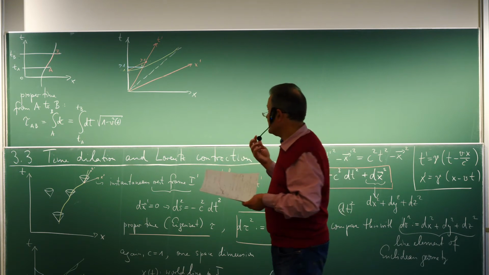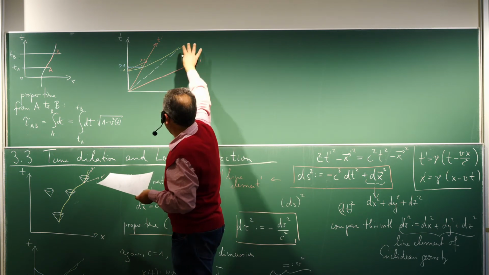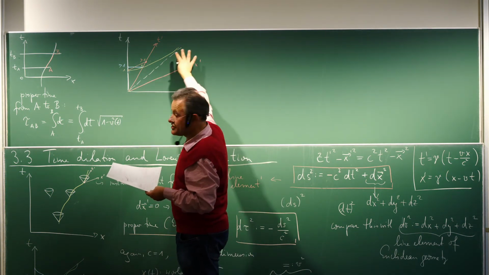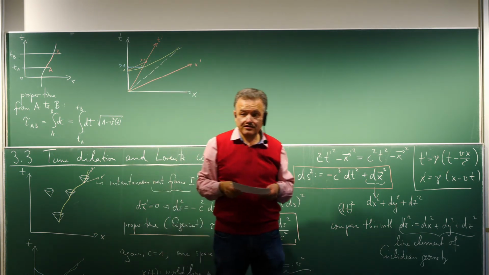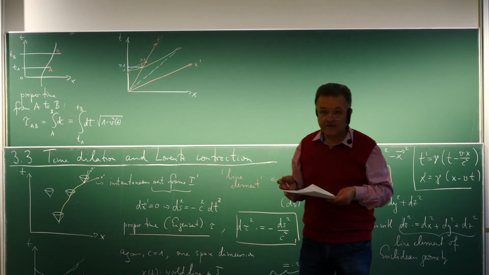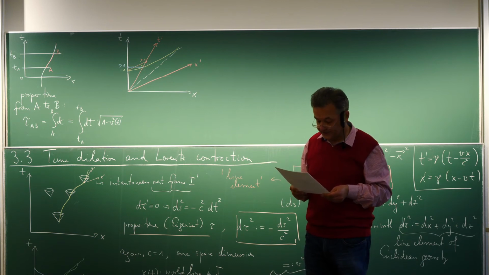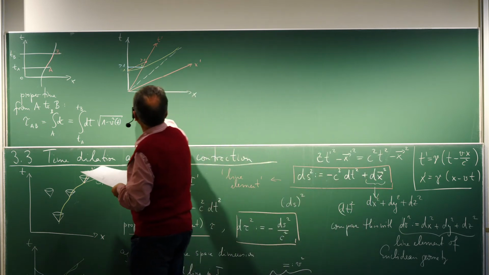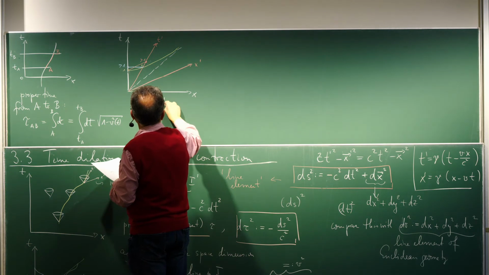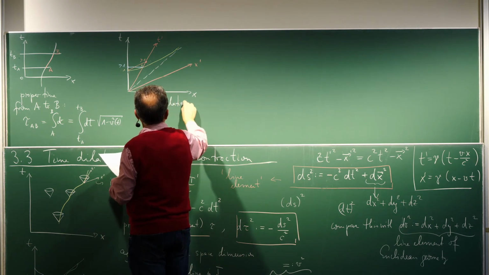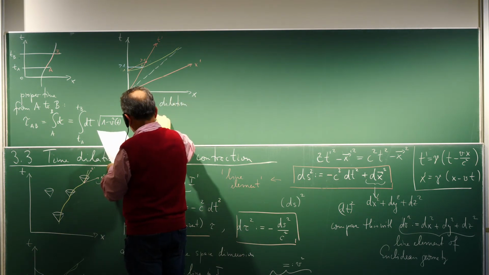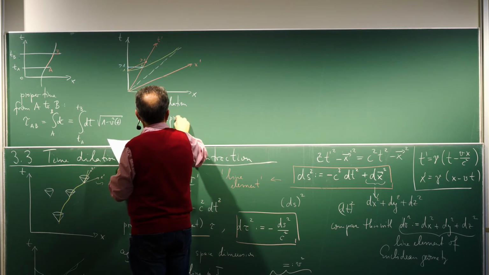And actually it's a consequence of this light cone structure that we have here and the corresponding non-validity of absolute simultaneity. So you see time dilation is a reciprocal effect.